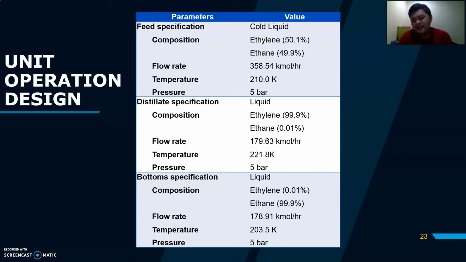Next, for the unit operation design part, the unit chosen is the C2 splitter distillation column. This slide is mainly about the parameters of the material balance: we have the composition, temperature, flow rate, and also pressure for the feed, distillate, and bottom. The feed composition is ethylene 50.1% and ethane 49.9%, while in the distillate we have 99.9% ethylene and 0.01% ethane, and at the bottom ethylene 0.01% and ethane 99.9%.